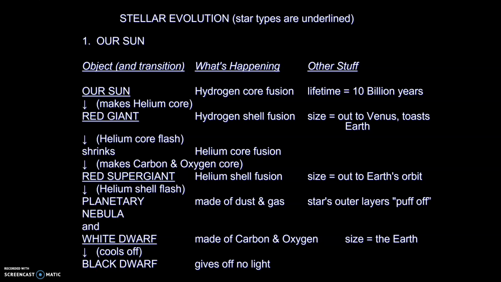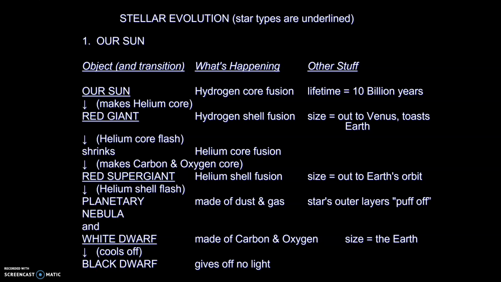Our size is going to be a bit larger, almost out to Venus compared to where it is now. Then we're going to shrink down and have helium core fusion. Then we're going to turn into a red supergiant, so we'll have helium shell fusion. The size of our sun is going to be out to Earth's orbit. So Earth will be gone at this point.